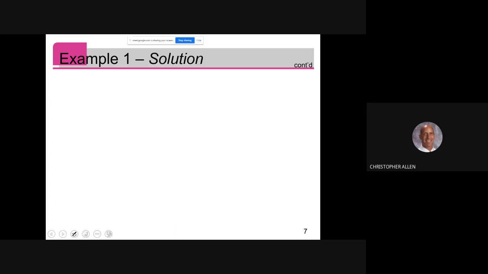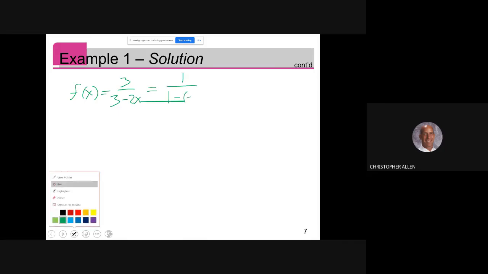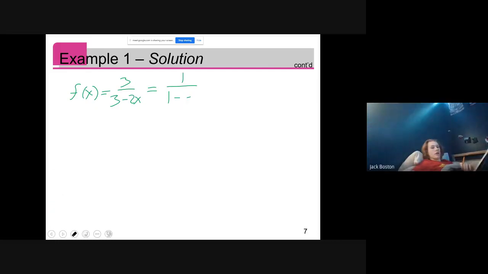So now we can put this together. In fact, let me see if I can write this again. F of x. I think it was 3 over 3 minus 2x? And I think we got that to be 1 over 1 minus, 2x minus 1 on the denominator.